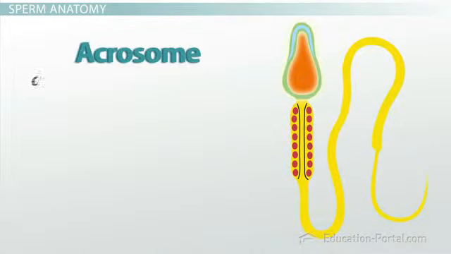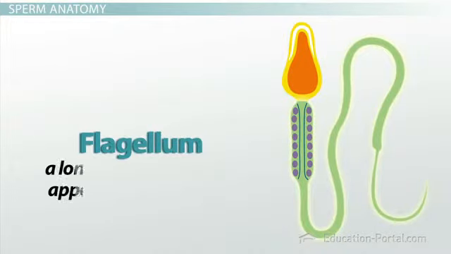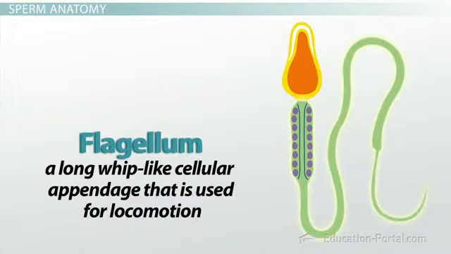The acrosome is a structure that forms a cap over most of the nucleus of the sperm cell. The main job of the acrosome is to penetrate the outer layers of the ovum so that the sperm can get inside. The flagellum is a long whip-like cellular appendage that is used for locomotion.